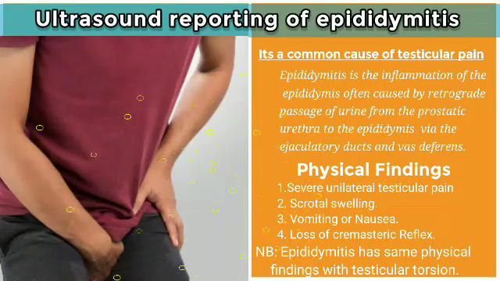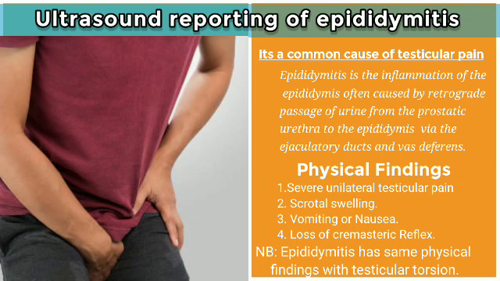But in case of testicular torsion, it is a urological surgical emergency. Testicular torsion is a twisting of the testicle along its supportive tissue, or the twisting of the spermatic cord. And the spermatic cord contains the cremasteric artery and the testicular artery, which supply the testicle.